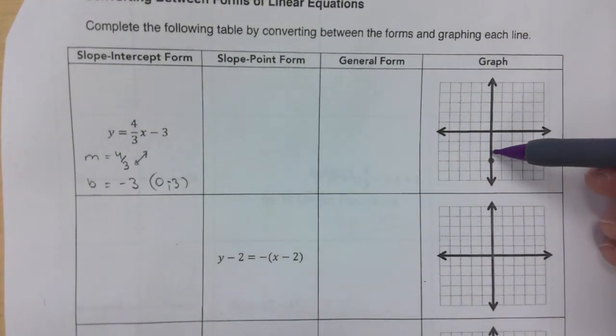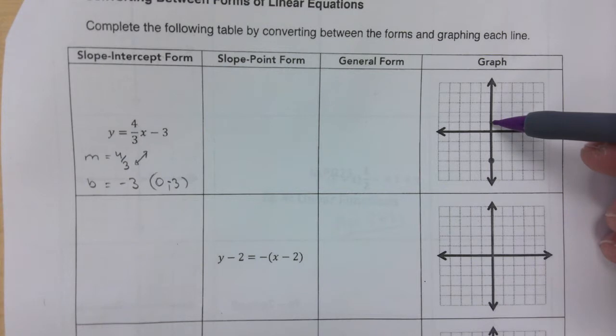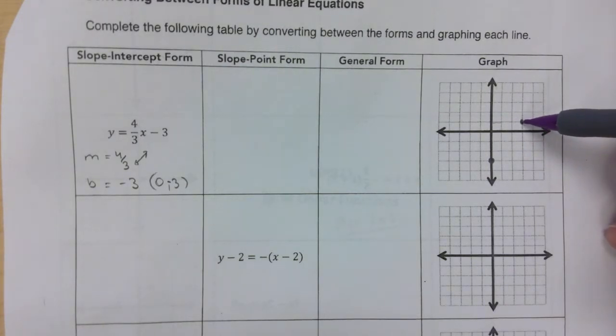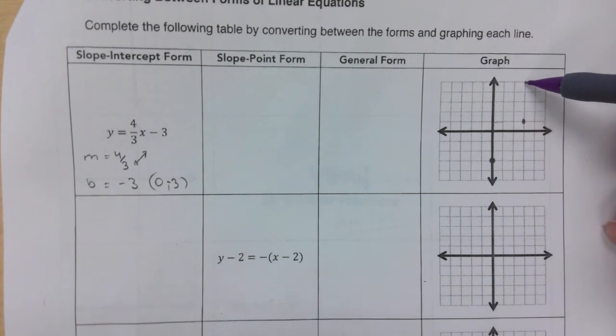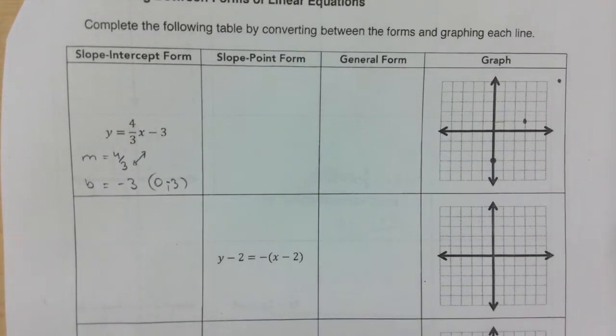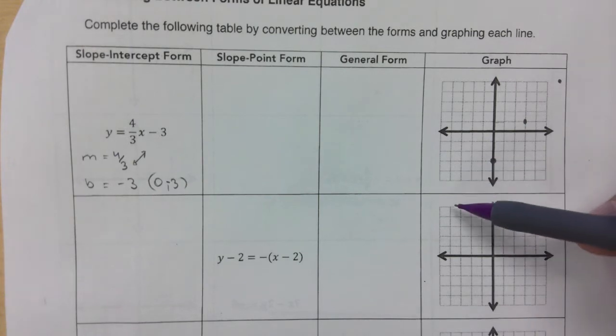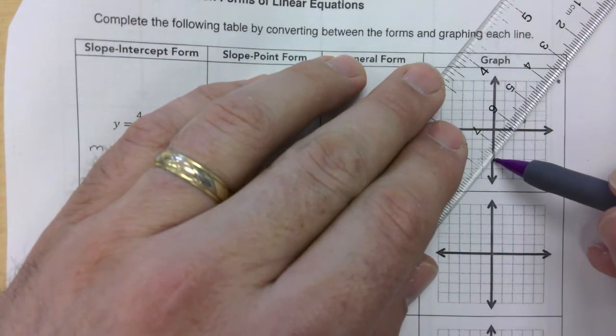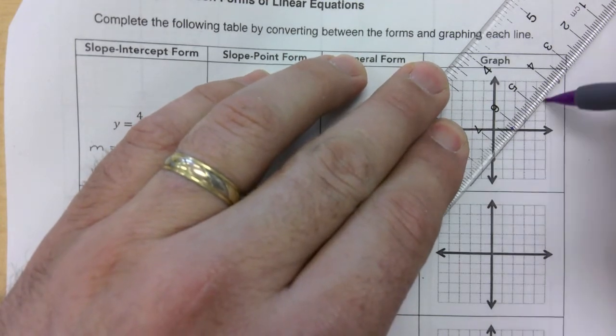So we're going to go 1, 2, 3, 4, and then 1, 2, 3, rise and run. 1, 2, 3, 4, 1, 2, and here I'm going to have to extrapolate and just say that it's right about there. But you could have gone backwards. If you went backwards, you still would have ended up going out of the grid, and that's fine. This is just to practice, right?